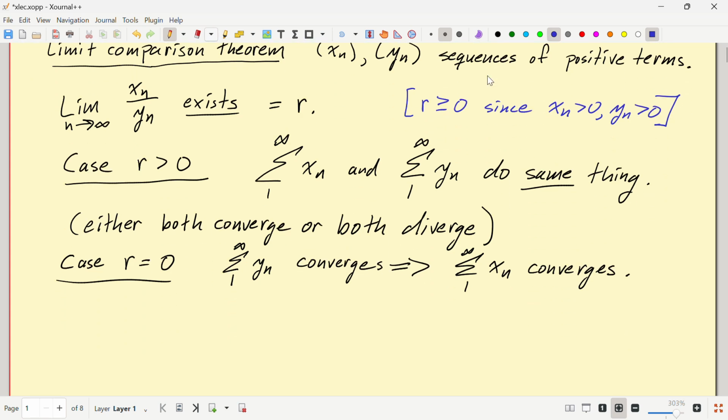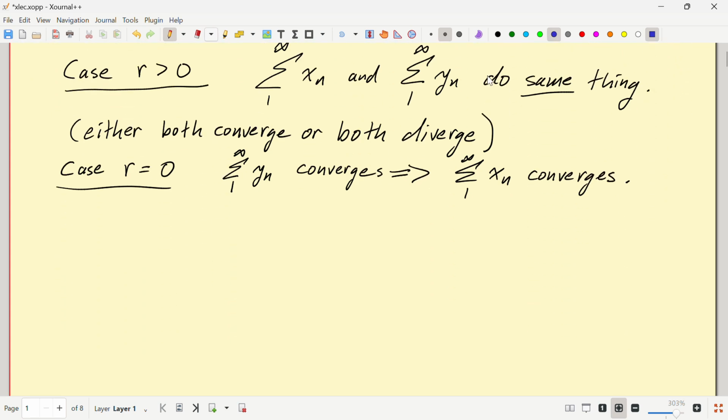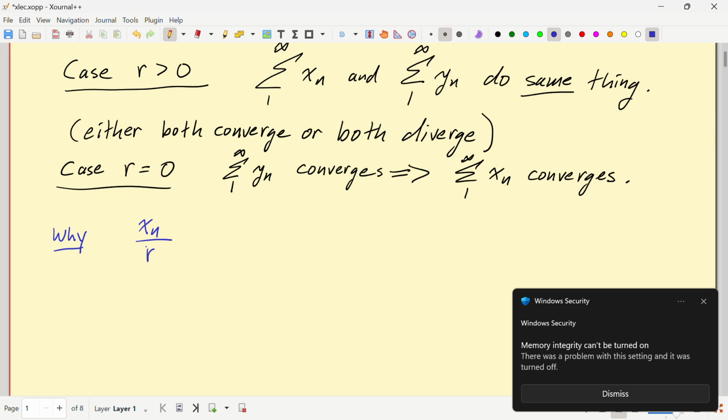And I thought I'd say a couple words about the demonstration of this thing. So I'll call this an informal demonstration. Let's see. I'm thinking that xn over yn goes to r.